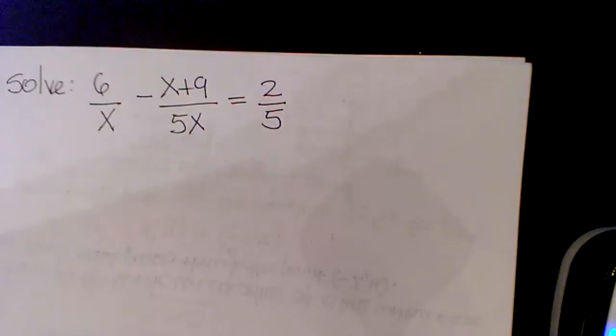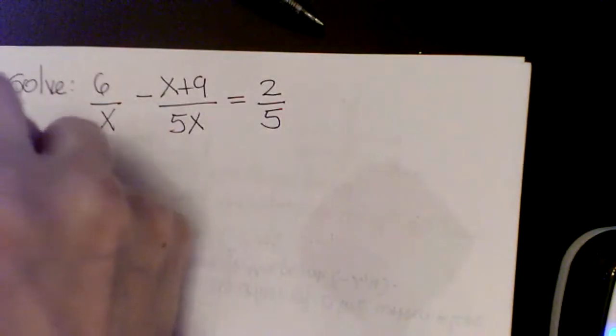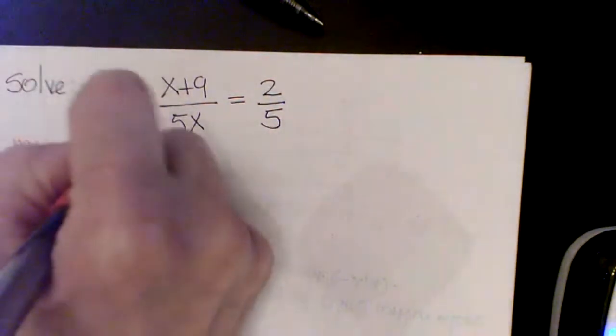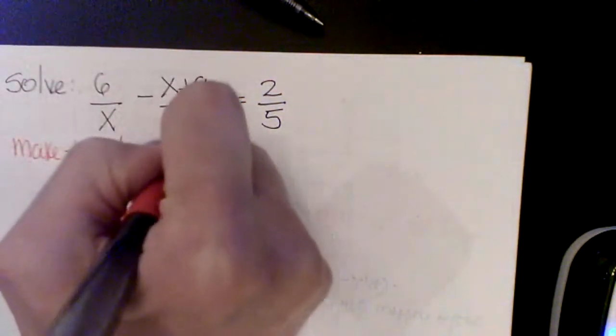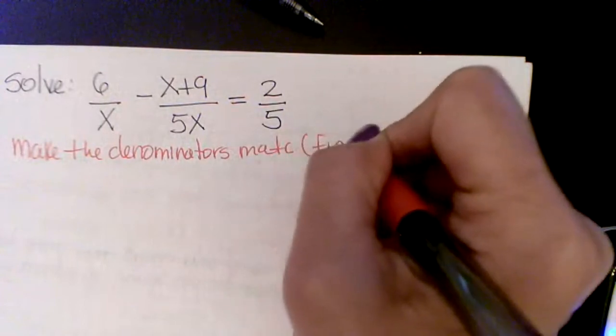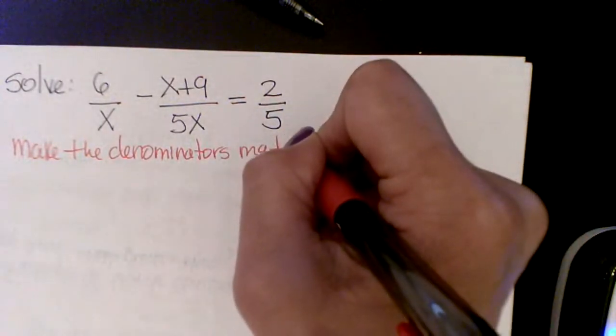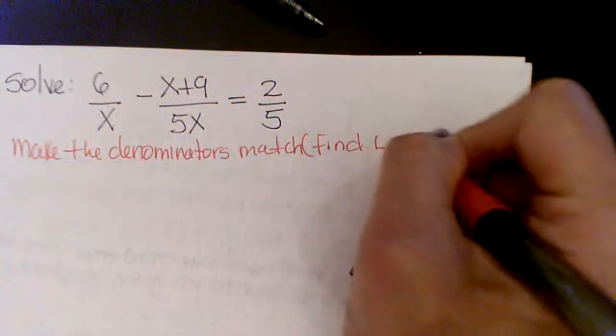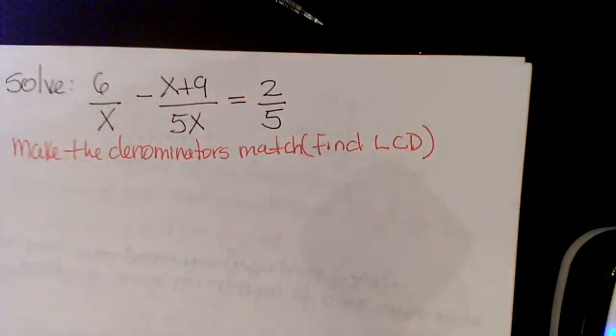Okay? So first we've got to make the denominators match, right? That's the first thing that we need to do. So in order to do that, what do we need? We find the lowest common denominator.